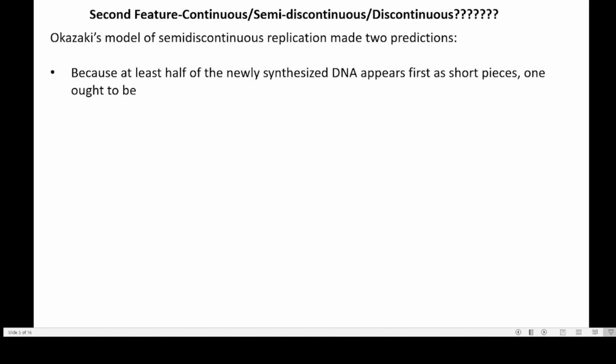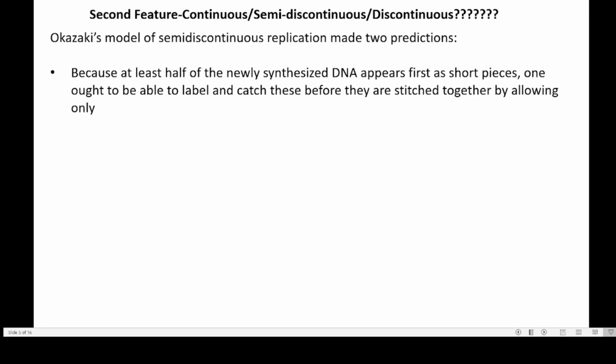Okazaki's model of semi-discontinuous replication made two predictions that his research team tested experimentally. Because at least half of the newly synthesized DNA appears first as short pieces, one ought to be able to label and catch these before they are stitched together by allowing only very short periods, that is pulses of labeling with a radioactively labeled precursor.